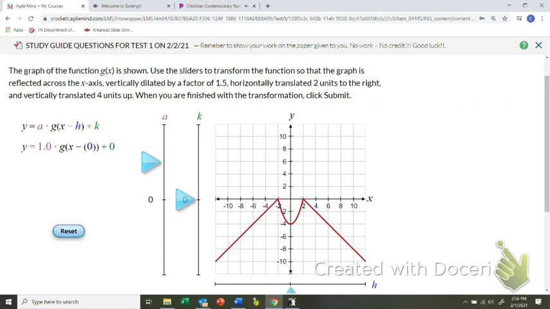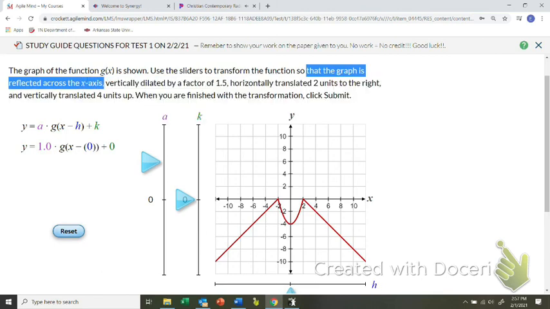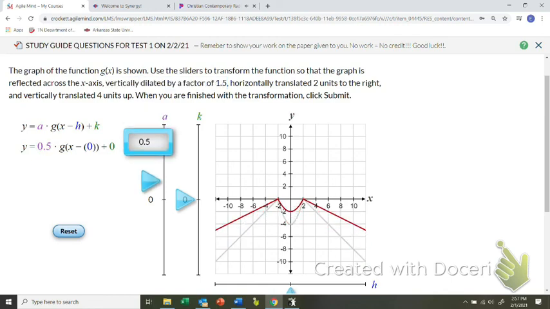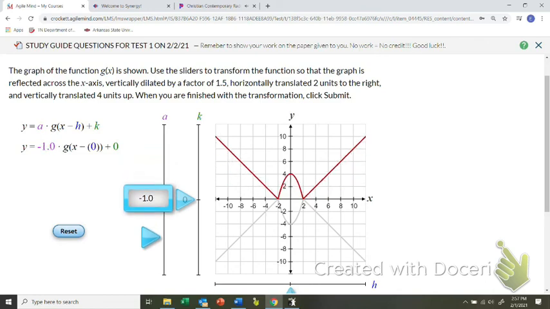Okay, this is the last one we didn't get to in class. If you notice, it says the graph is reflected across the x-axis. So remember, the A has to be negative. Then it says it's vertically dilated by a factor of 1.5. So let's go ahead and change the A to a negative because it's reflected.